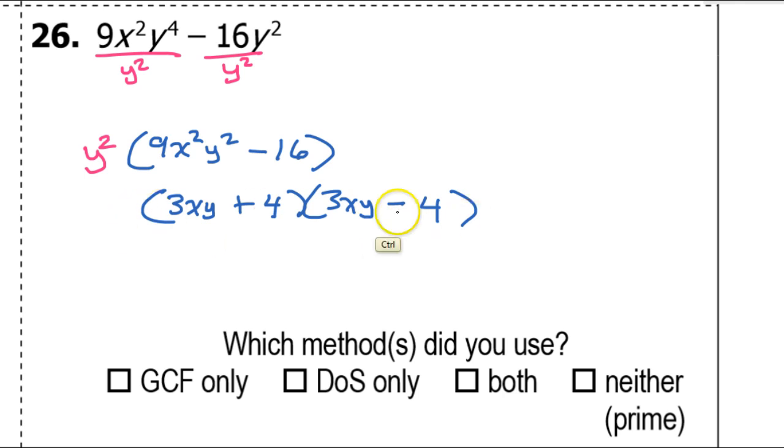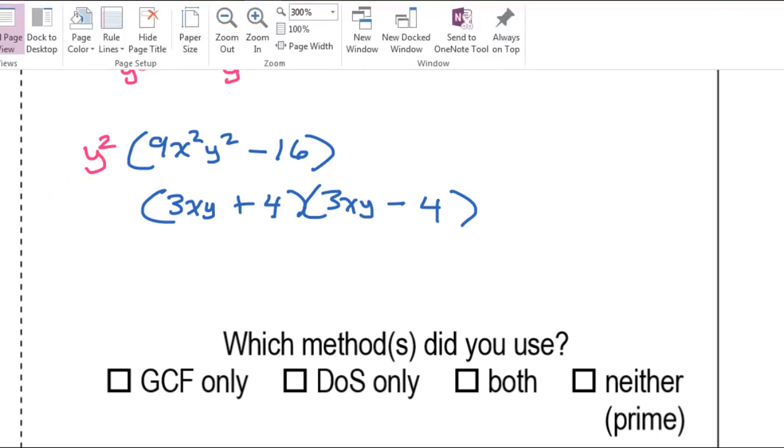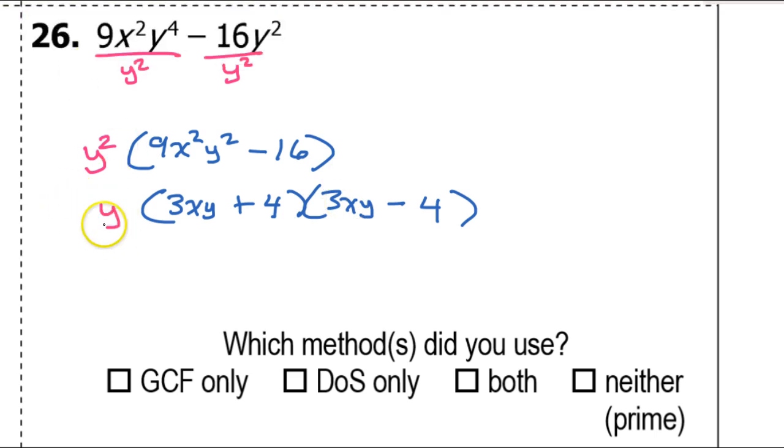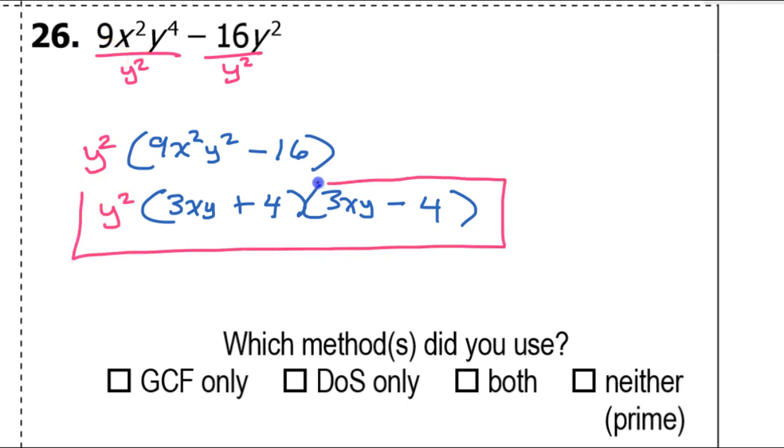Okay, if I multiply these together, that's going to give me 9x squared y squared minus 16. And then I will bring down the GCF that we had, bring down the y squared. So this will be the final answer. So for this problem, we used both GCF and difference of squares.